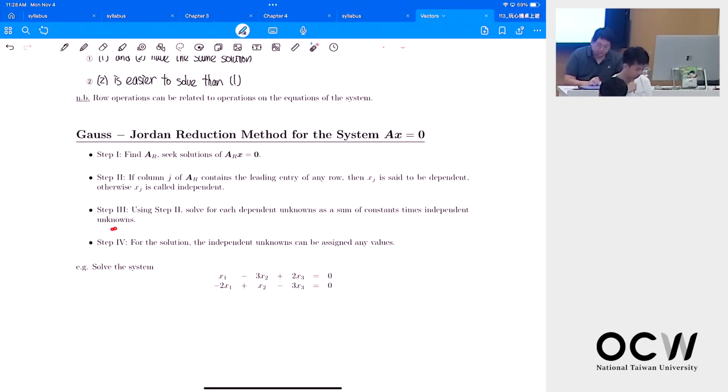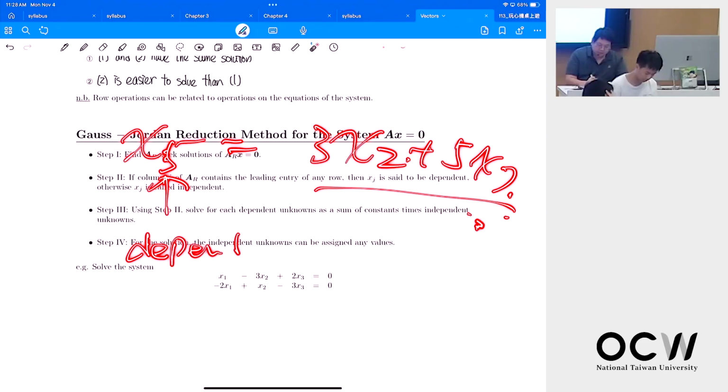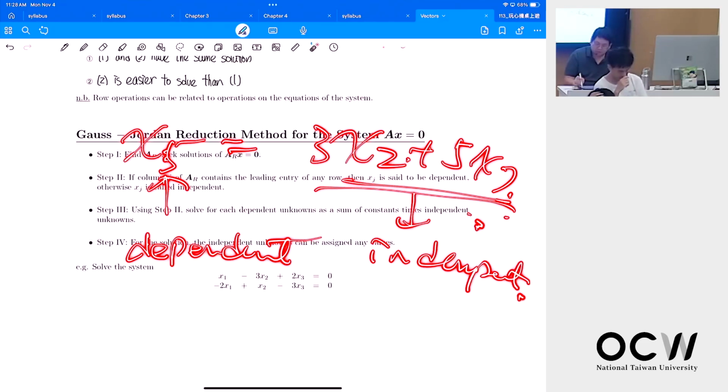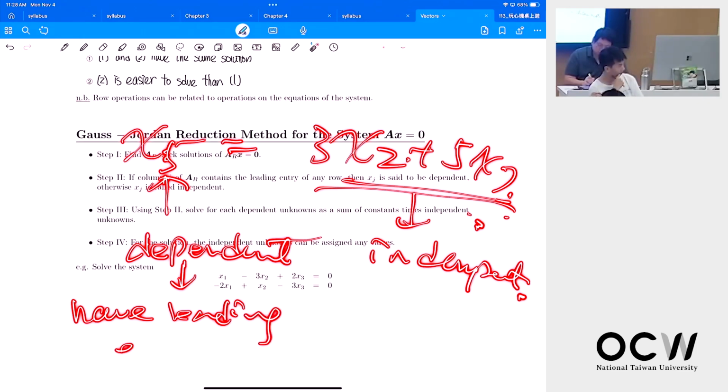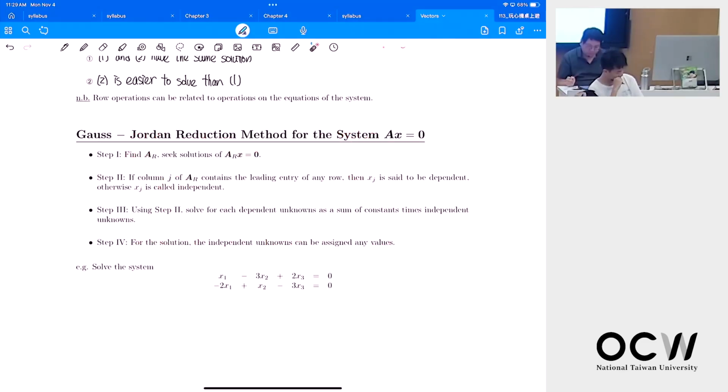That means x5 will be 3x2 plus 5x7, for example. These are dependent, and these are independent. Dependent means I have a leading entry; independent means no leading entry. And for the independent unknowns, I can assign any values later on.